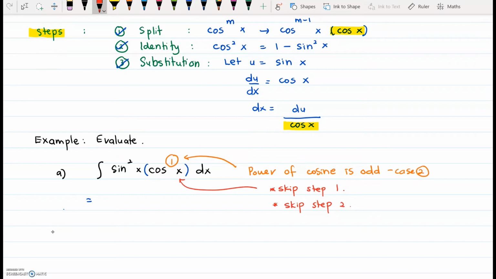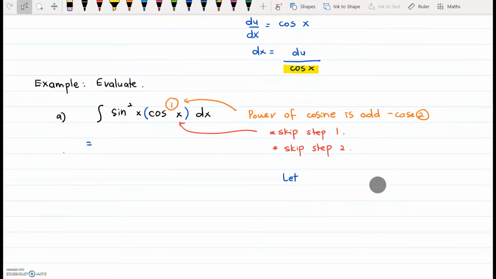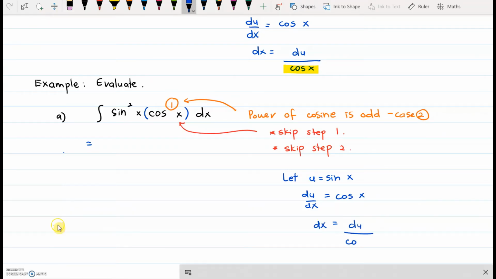For the substitution, we will use u equals sine x. So we just write let u equal sine x, and then du dx equals cos x, and you will get your dx is du over cos x. Now when you substitute in your question, where is your sine? Here is your sine.